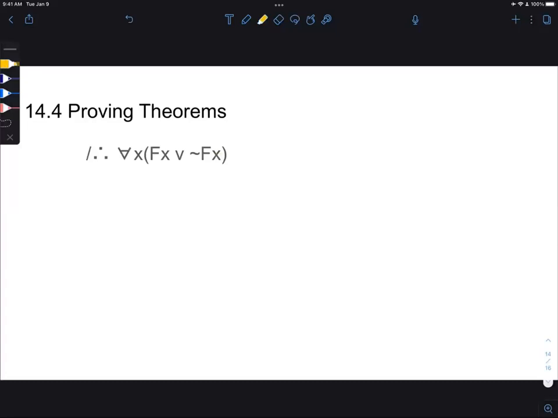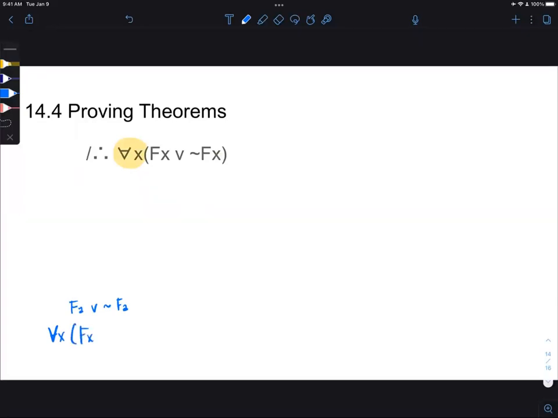How should we strategize? As usual, I like to look at the main operator or quantifier, and I see it is a universal quantifier. And the rule that allows us to get a universal quantifier is the UI rule. And so if I had F of some name or not F of that name, I could use the universal introduction rule.